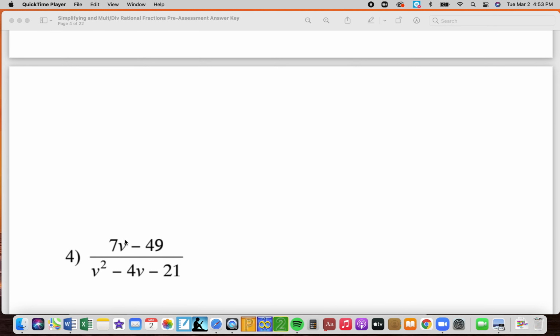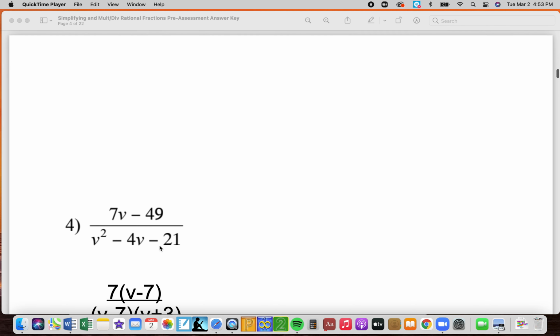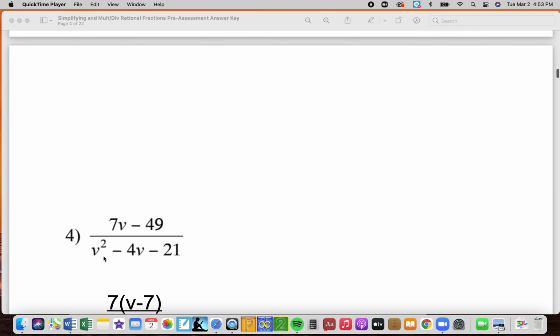Number 4, this time we have a binomial, and then we have a trinomial in the denominator. The binomial, we look for a greatest common factor, which it does have. It has a factor of 7, so we can factor a 7 out of that. We look at the denominator, and our choices are, is it a binomial square?